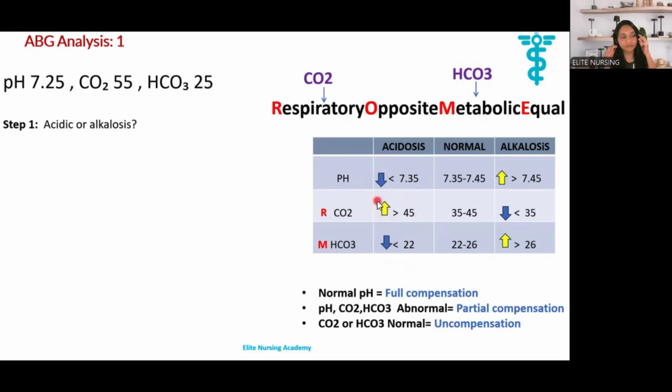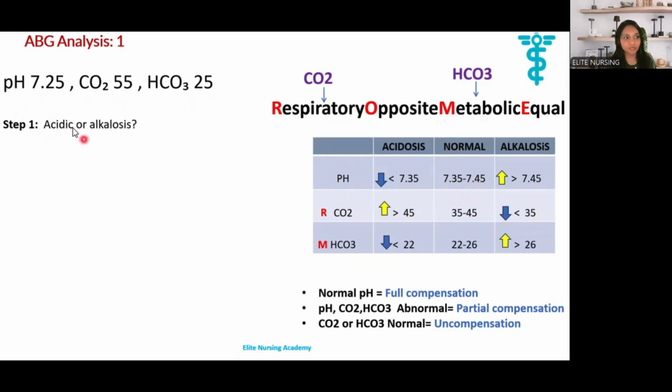Step 1: whenever you have any value, follow the steps. The numbers we have are pH 7.25, CO2 55, HCO3 25. It's very important that you know the normal values of these three: pH, CO2 and HCO3. The normal pH is 7.35 to 7.45.